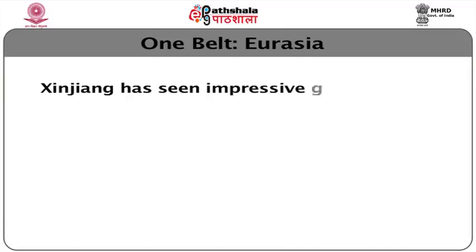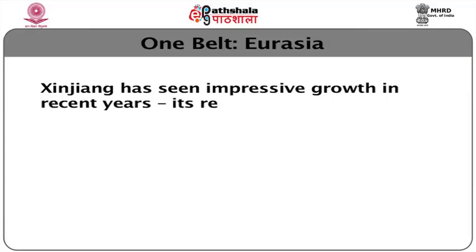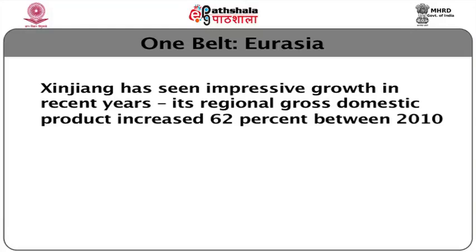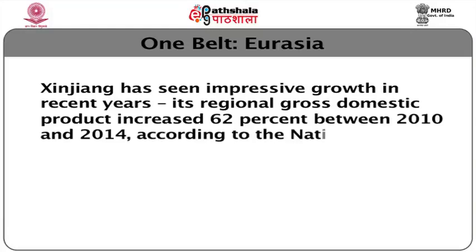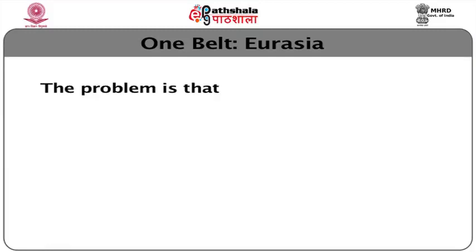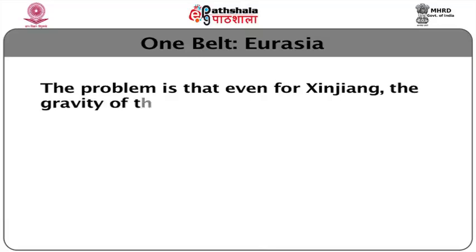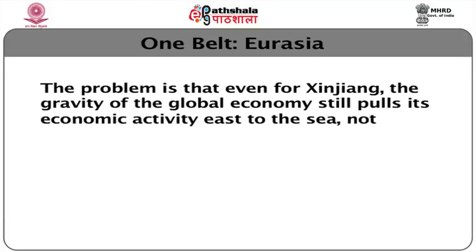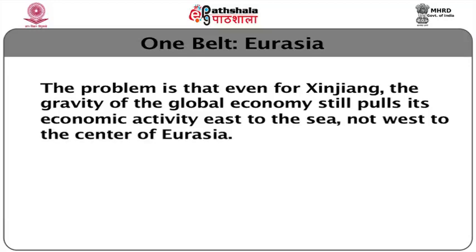Xinjiang has seen impressive growth in recent years. Its regional gross domestic product increased by 62% between 2010 and 2014, according to the National Bureau of Statistics. The problem is that even for Xinjiang, the gravity of the global economy still pulls its economic activity east to the sea, not west to the center of Eurasia.